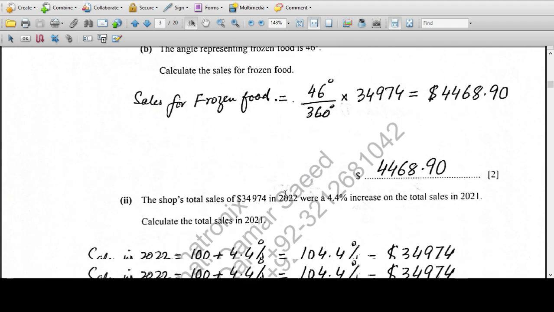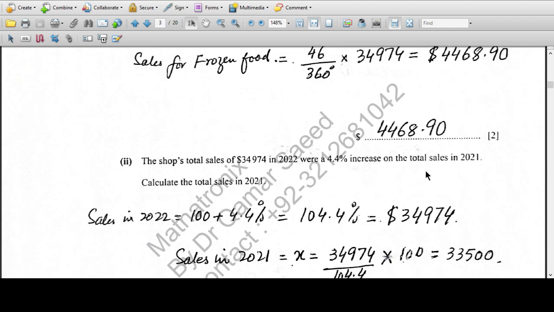We have been asked to find the sales in 2021. So the sales of 2022 is given as 34,974, which is a 4.4% increase from the 2021 sales, and we have to calculate the total sales in 2021.